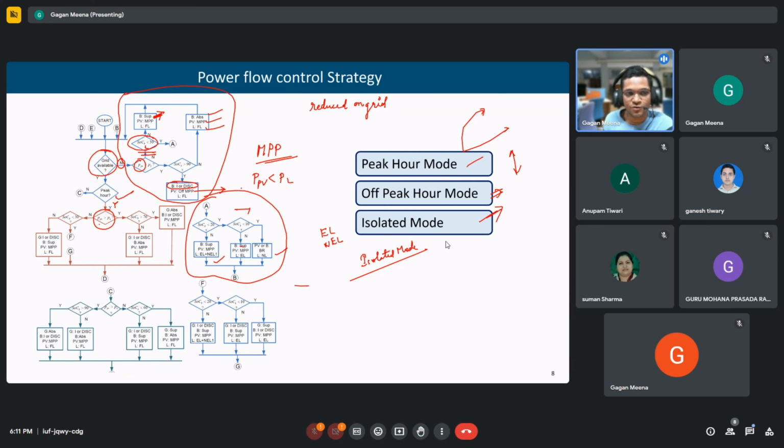If generation is more than load, then SOC is checked. If SOC is also more than 70%, then because it is peak and SOC is more than 70%, the battery can supply power to the grid and help in reducing the peak requirement. The grid can absorb power, and a battery will supply in this case. And PV operates at maximum power point.